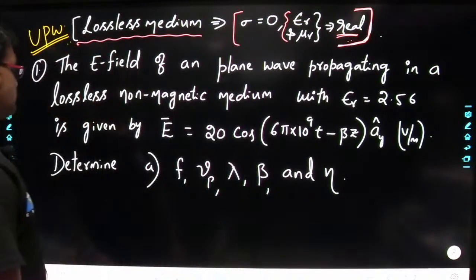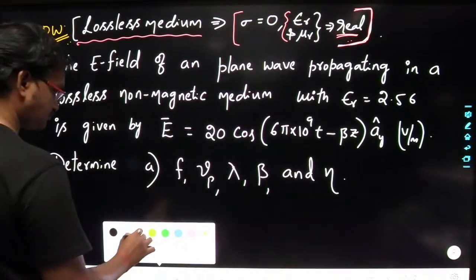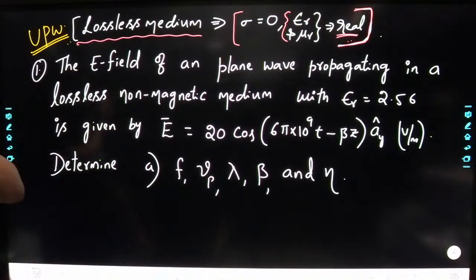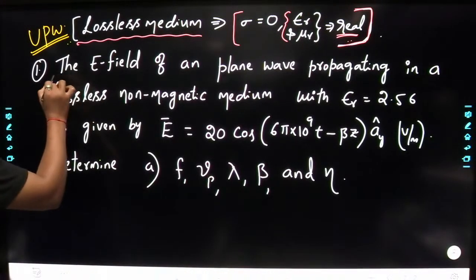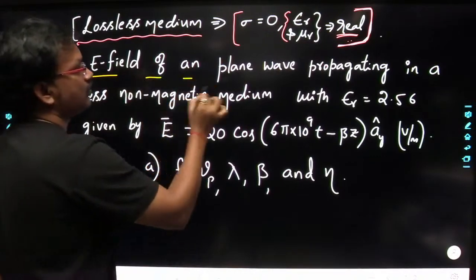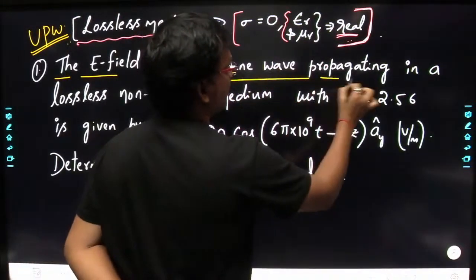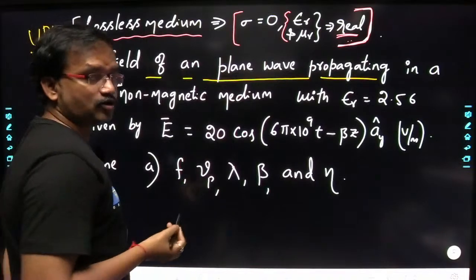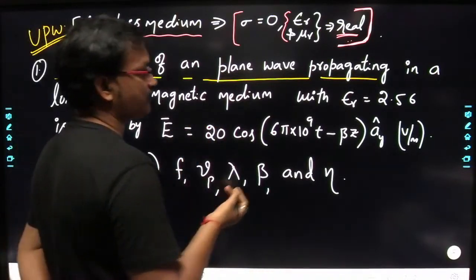See here, what they have given. The electric field of a plane wave propagating. Plane wave means you have to understand that it is an electromagnetic wave.